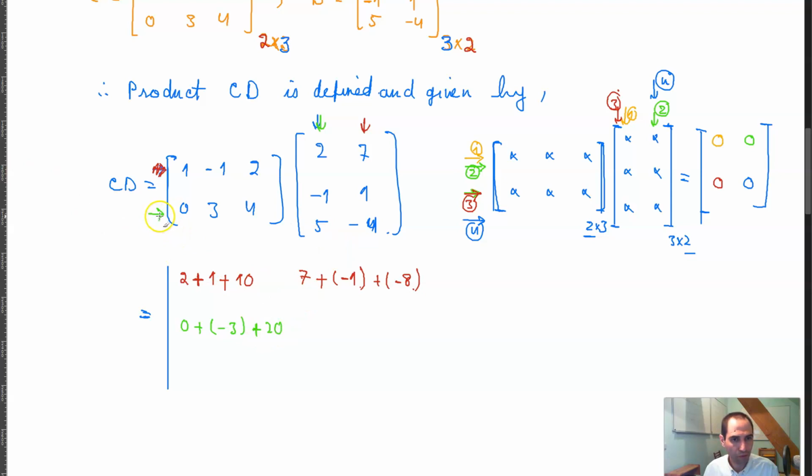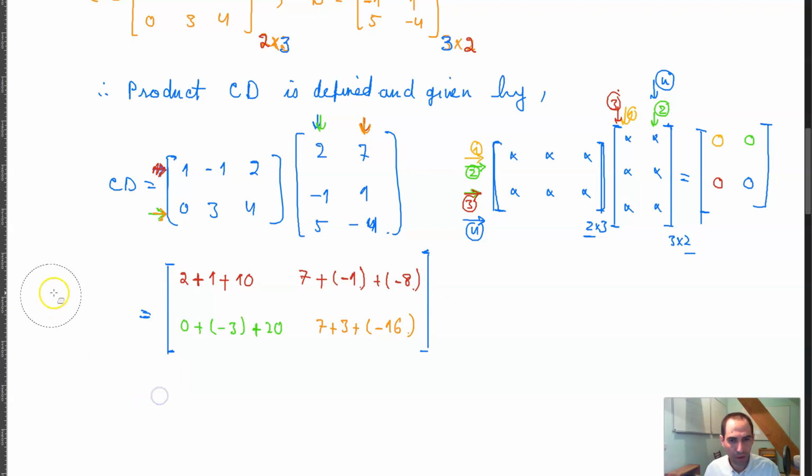Now I have to stay at the same row, but then the second column, right? So 0 times 7 is equal to 7. 3 times 1 is equal to 3. And 4 times 4 is equal to -16. And of course, then you can close your matrix this way, and that's all about it.